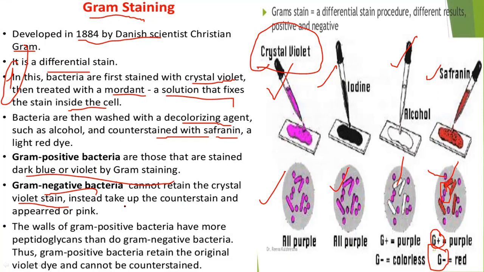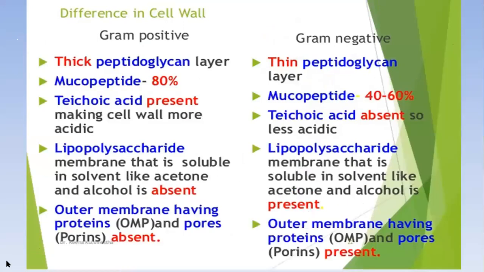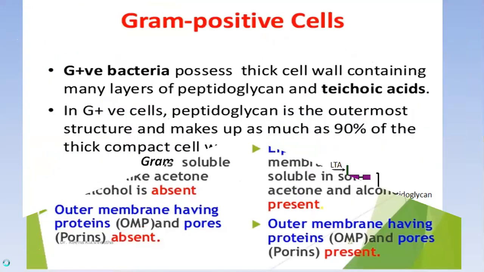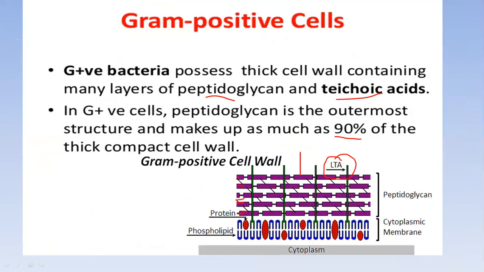If you see this gram-positive structure of bacteria, there are lots of peptidoglycan layers there. So alcohol cannot get deep inside to decolorize it. So it retains the purple color. It does not remove all the color, so it retains the violet stain.